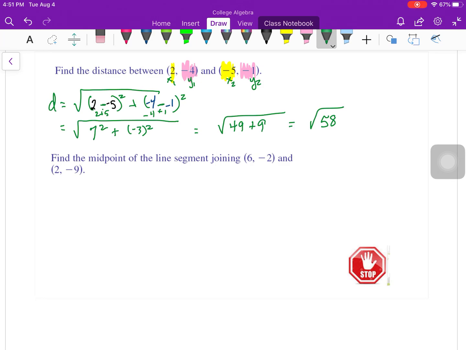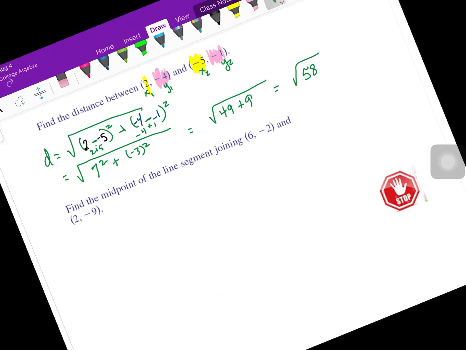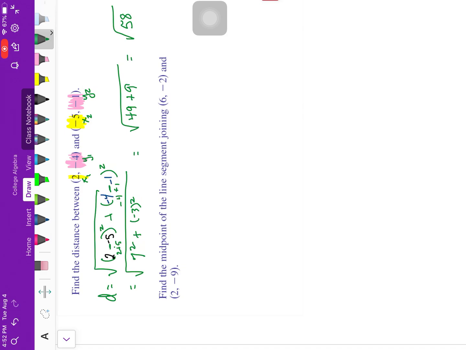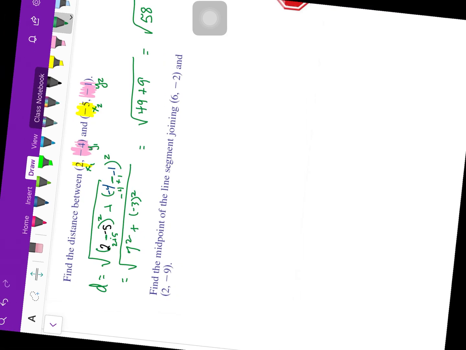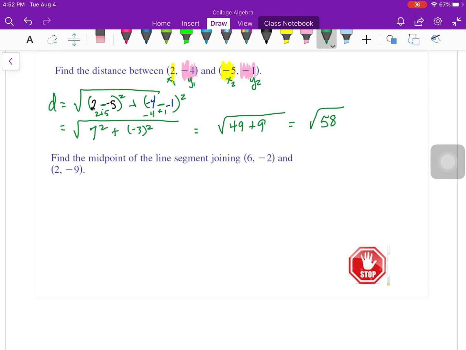58 is 2 times 29, and both those are prime.